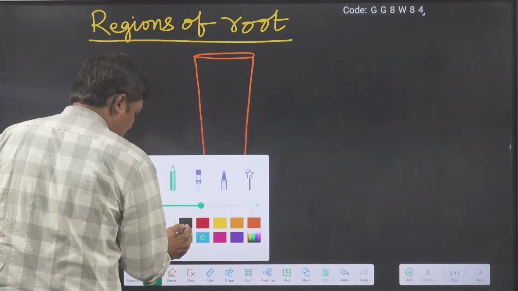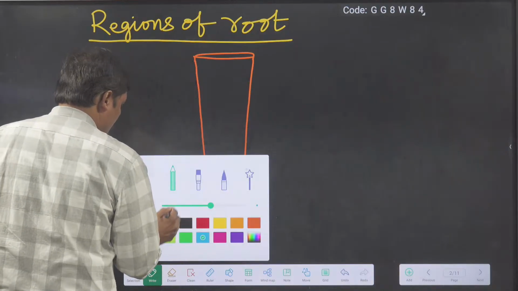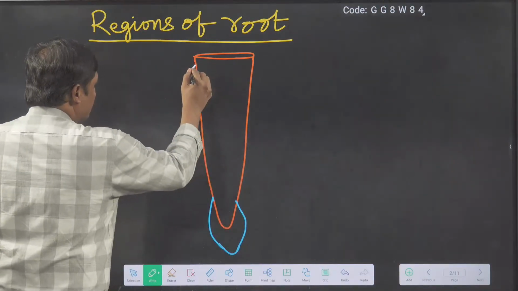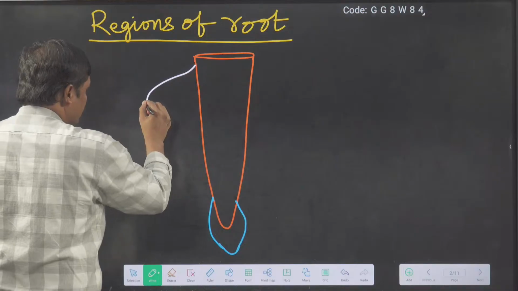As I said, it has the following regions.